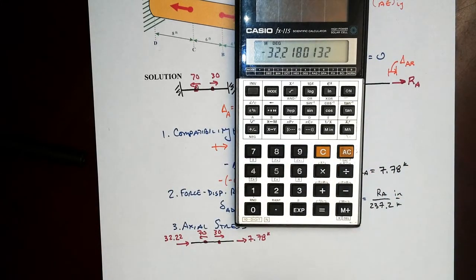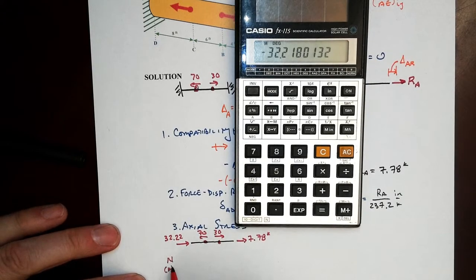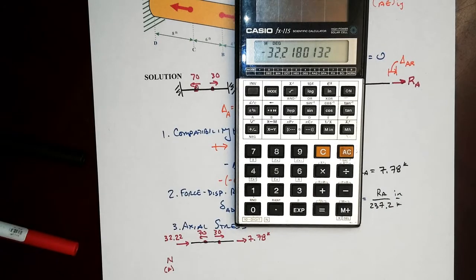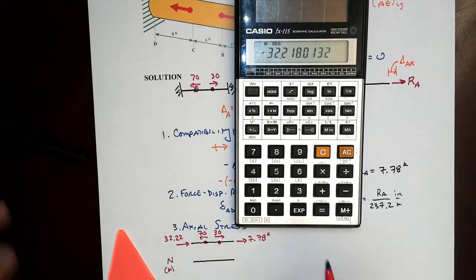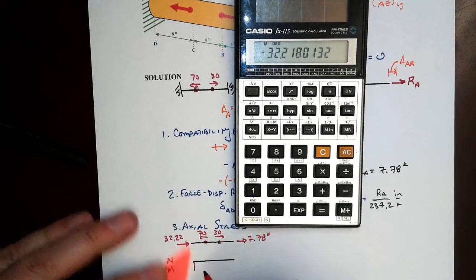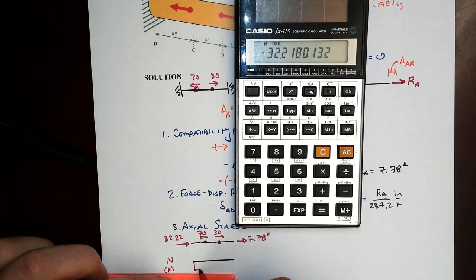Right? So notice here that what's going to happen when we do the axial force diagram is that it's going to be similar to what we had in the previous example, except for, of course, different. And it differs because we start off with compression at 32.22.